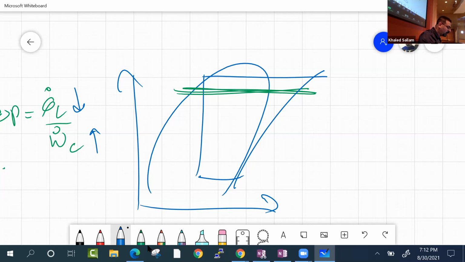Here's 1, 2, 3, 4. What do you want me to do? Between 3 and 4, do what? You are in the right direction. What should I do in the middle here?